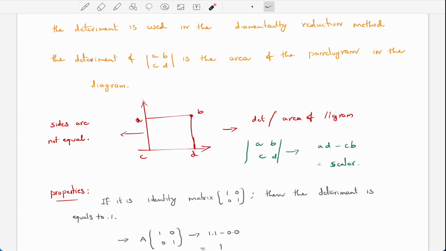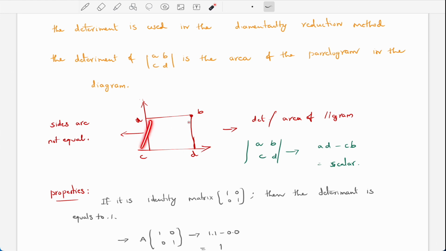That's it. So the determinant of ABCD is the area of a parallelogram in the diagram. I'll give you an example. We have taken a parallelogram. It is not a square, though some students think it's a square. Just leave it, I have written it wrong. Here the lengths of the sides are not equal. It's just a kind of parallelogram.